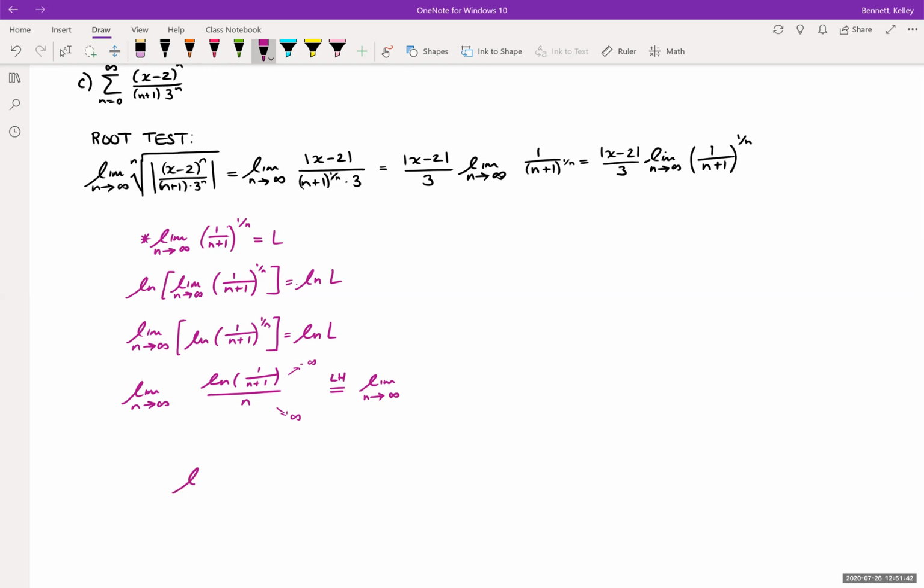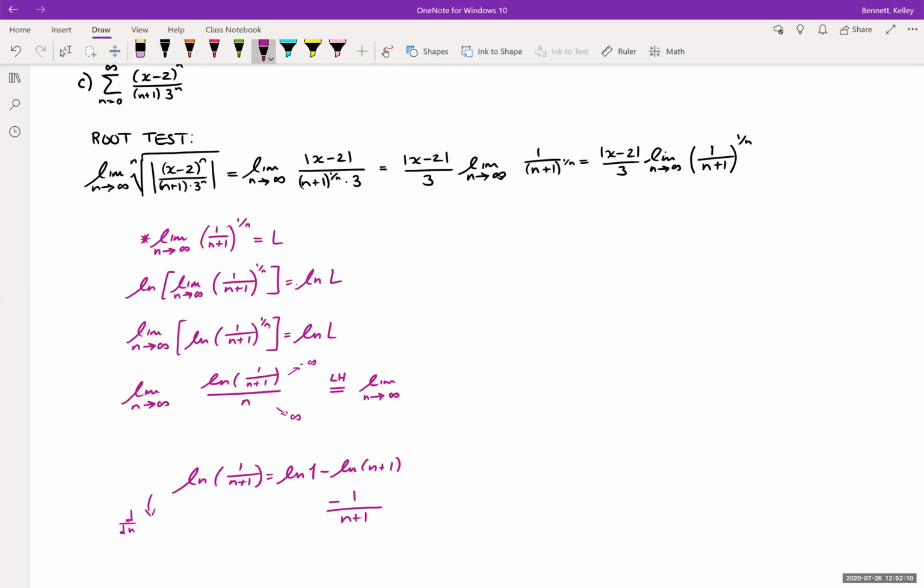And so this is how I take the derivative of ln of 1 over n plus 1. I think it's a little bit easier: this is really just ln of 1 minus ln of n plus 1. If I take the derivative, it becomes minus 1 over n plus 1, and that's the derivative of the top.